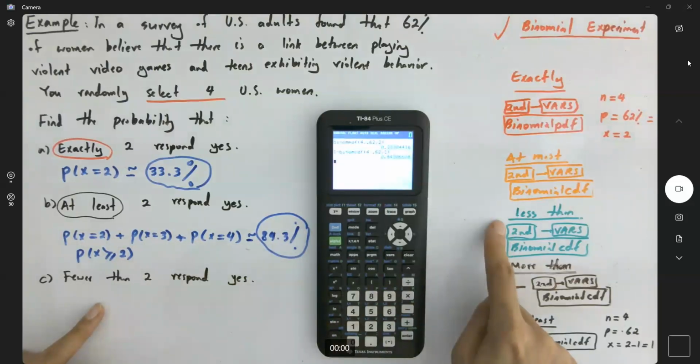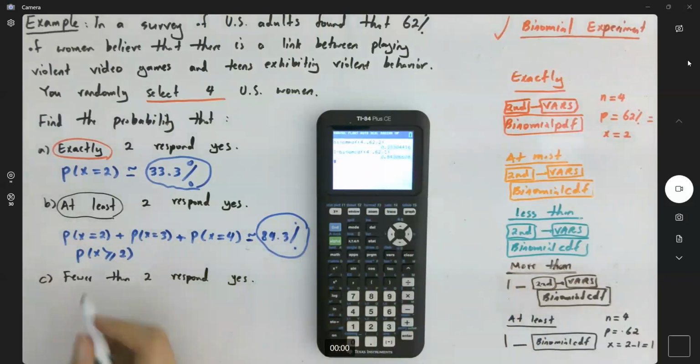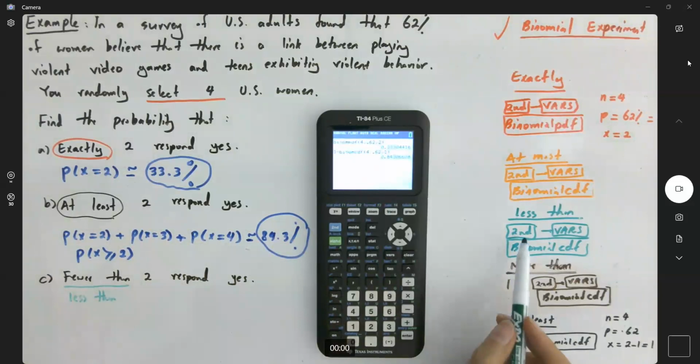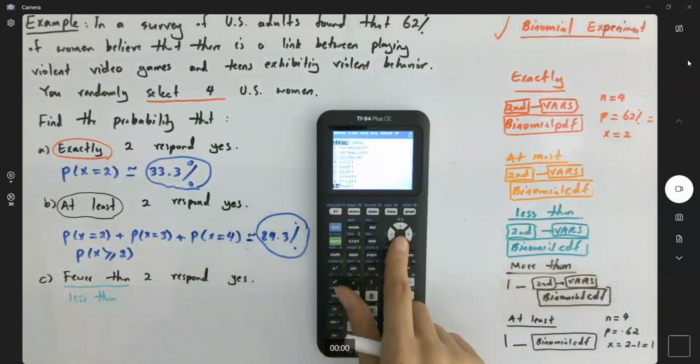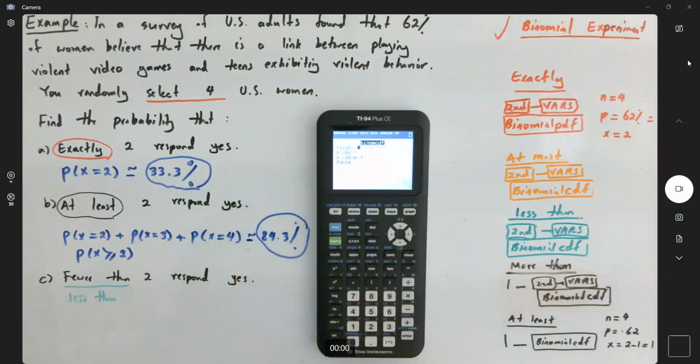Fewer than or less than. For fewer than, less than, we just need to go to second vars and find binomial CDF. So what's the meaning of fewer than 2?